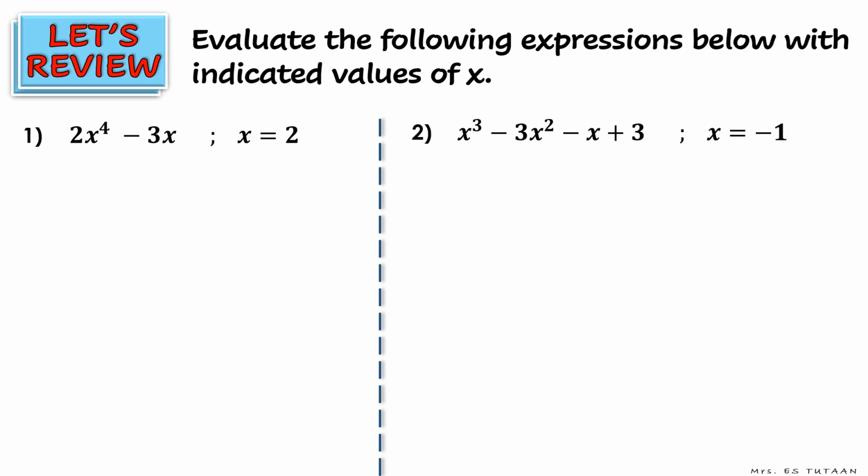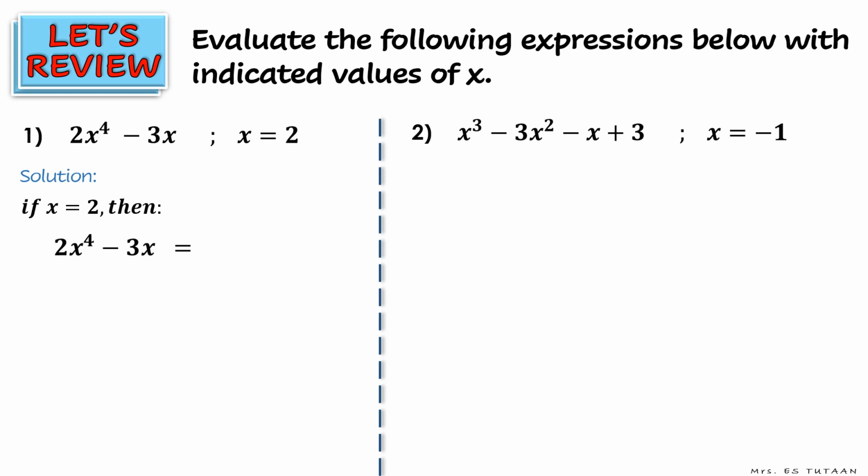Okay, so number 1, we have 2x raised to the 4th power minus 3x. Ang value ng ating x ay 2. So to solve this, we have 2x to the 4th minus 3x.